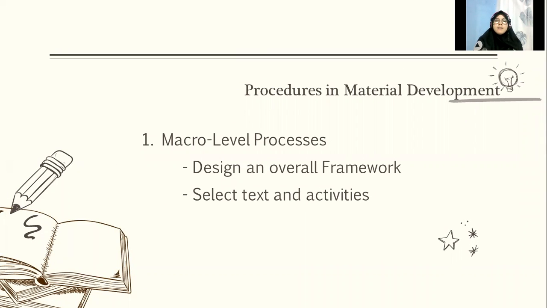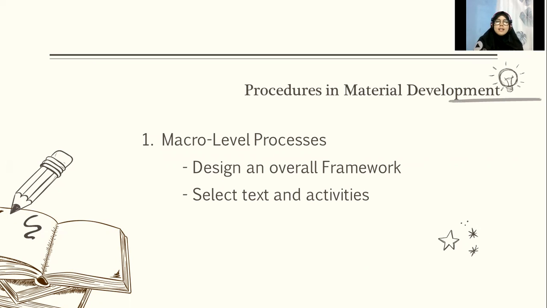Okay, the next is about procedures in material development. In these procedures, there are two processes. The first one is the macro level process, and in it there are two important points. The first is design and overall framework. It can be derived from the syllabus provided by the Ministry of Education or by the institution, and it involves a general or specific approach.